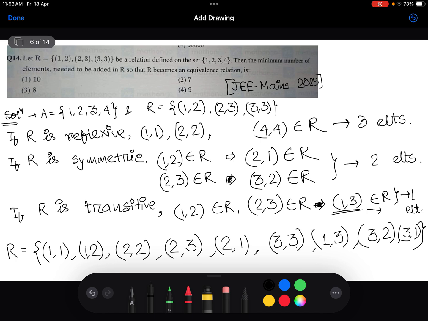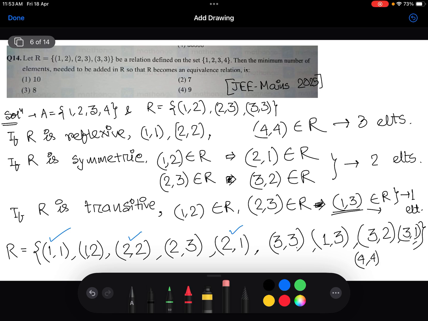So we have some elements. We have (1, 2) here, we have (2, 3) here, and we have (3, 3) initially given. So what are the elements we are adding? We are adding (1, 1), we are adding (2, 2), we are adding (2, 1), we already had (3, 3). Oh, here I have missed one. We need to have (4, 4) here as well.